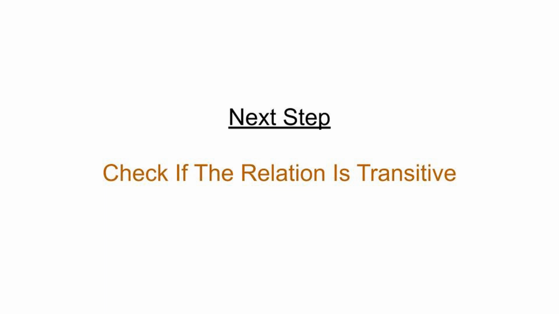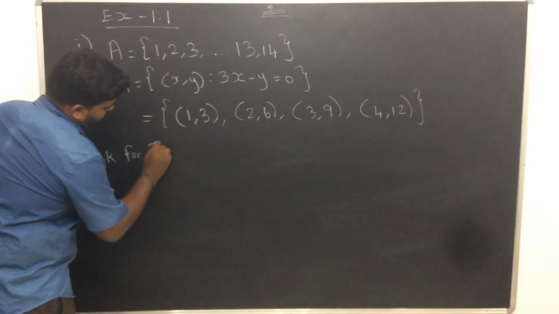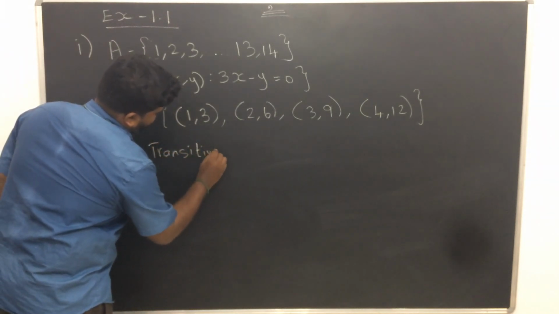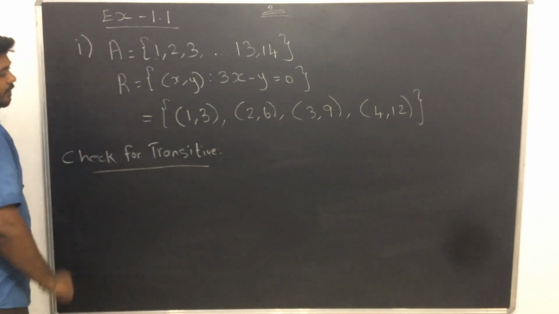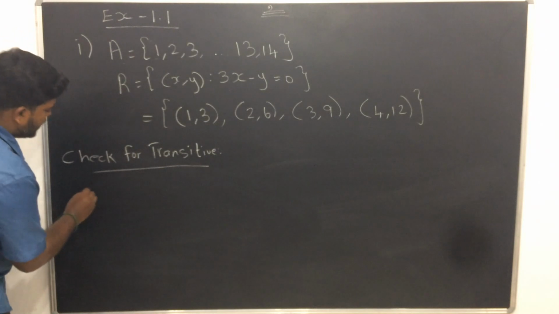Now let's check for transitive. We are done with reflexive and symmetric. Now we will check for transitive. So what is the rule for a relation to be transitive?